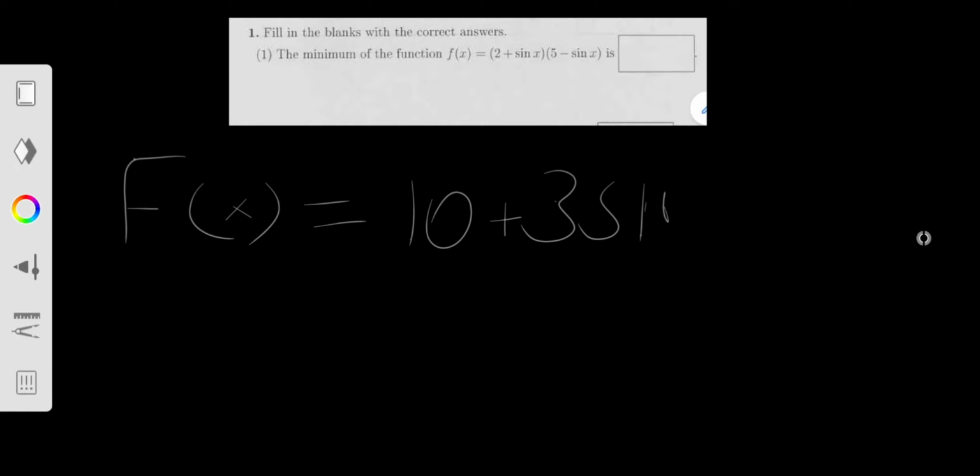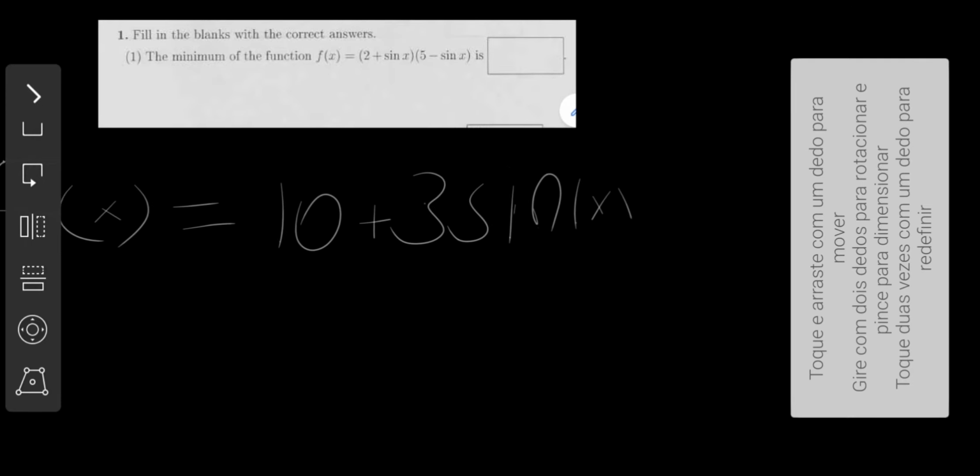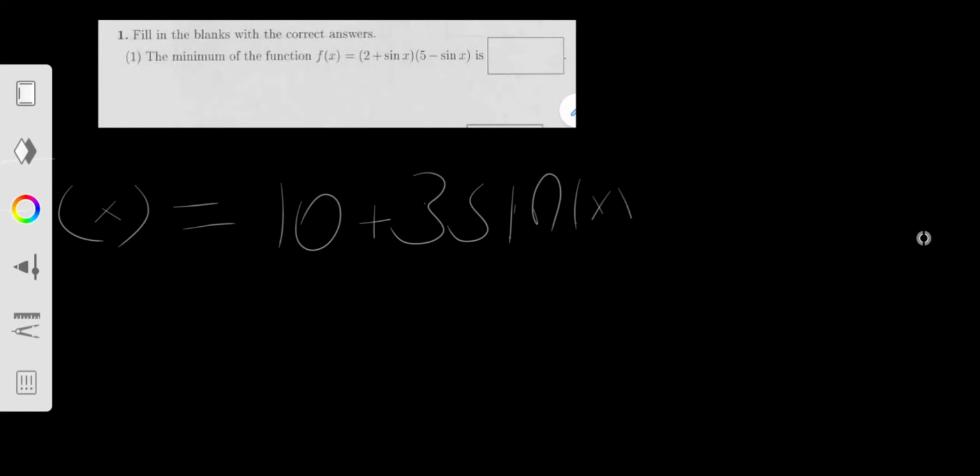So we'll have that f of x is equal to, now 2 multiplied by 5 is 10. 2 multiplied by minus sine of x is minus 2 sine of x, plus sine of x multiplied by 5, it will be plus 3 sine of x, and minus sine of x squared.